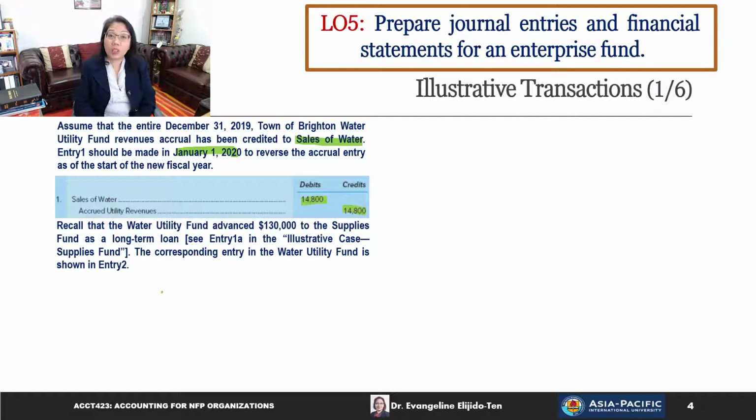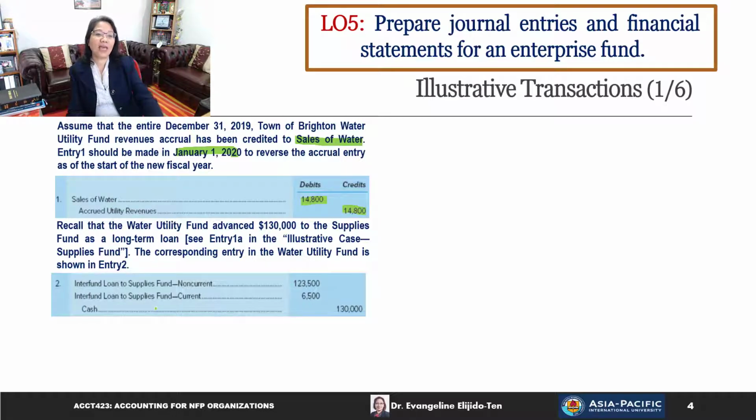Now, recall that the water utility fund loaned money to the supplies fund for $130,000, and this is a long-term loan. We've seen this in the illustrative case for the supplies fund. Remember, that was supposed to be paid in 20 equal annual installments, right?